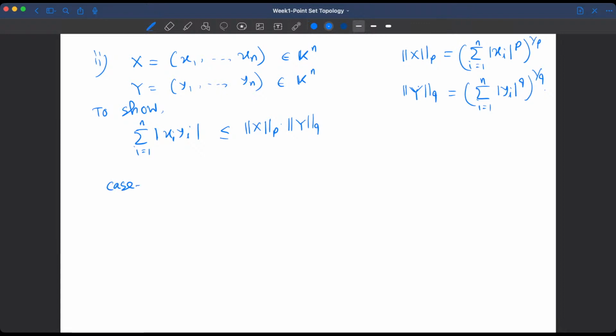Case 1, either of them is 0. Then the norm property will imply that this thing has to be 0. This sum is a finite sum of positive numbers equal to 0, so each term has to be 0. So xi are all 0. So the left hand side is also 0, and the right hand side is also 0.